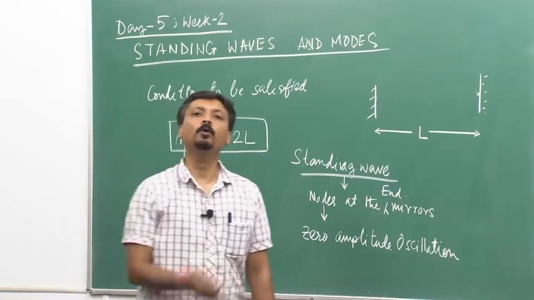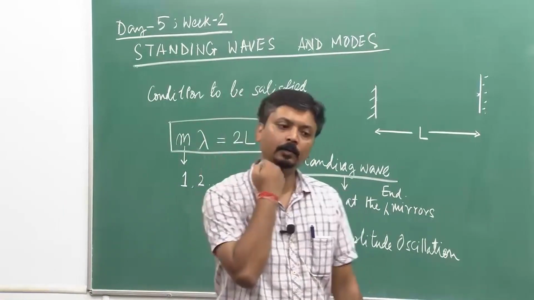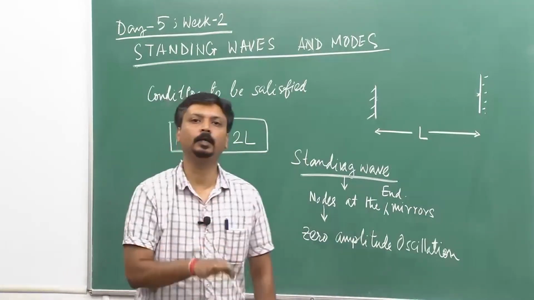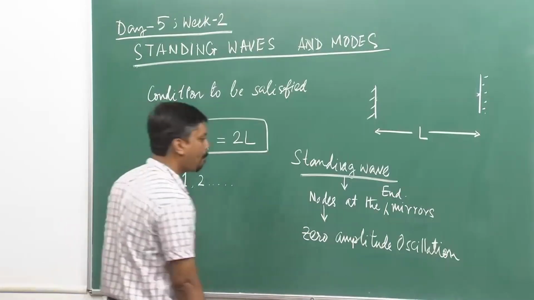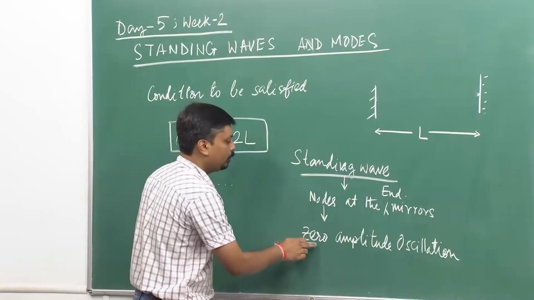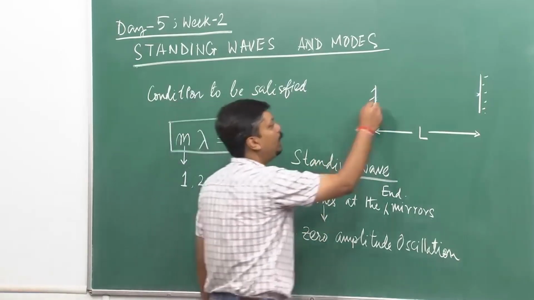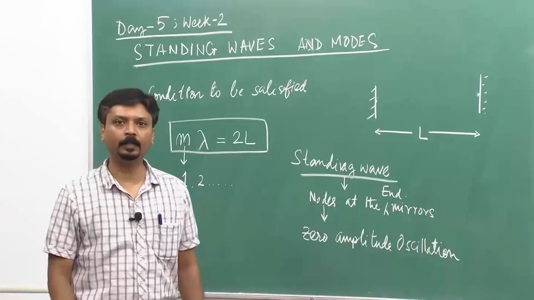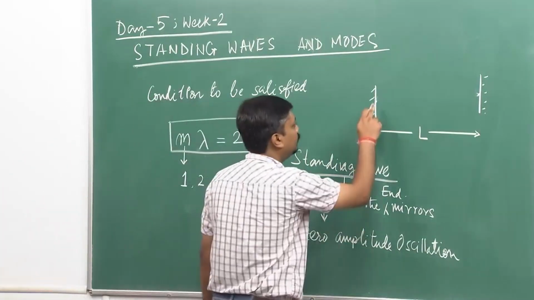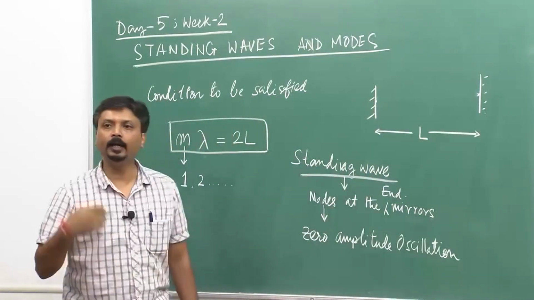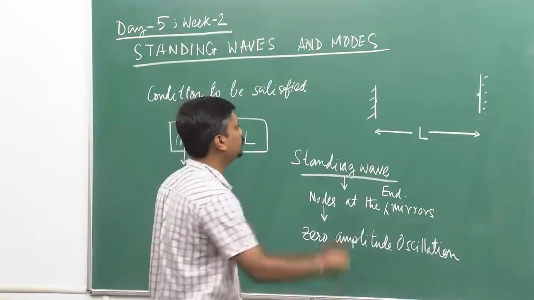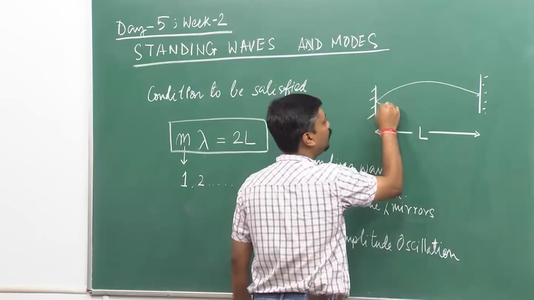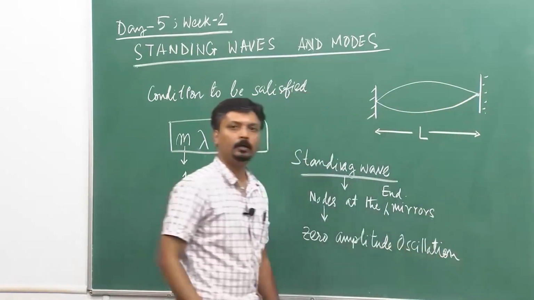I hope you know this. I hope you are not hearing it for the first time. Now, we are just redefining things in the present context. So, you have to have nodes here. What is the maximum wavelength that you can have, so that it can be counted as a mode, meaning that it will create a standing wave? That is just this one, right? Half wavelength here, after reflection fills up another one.